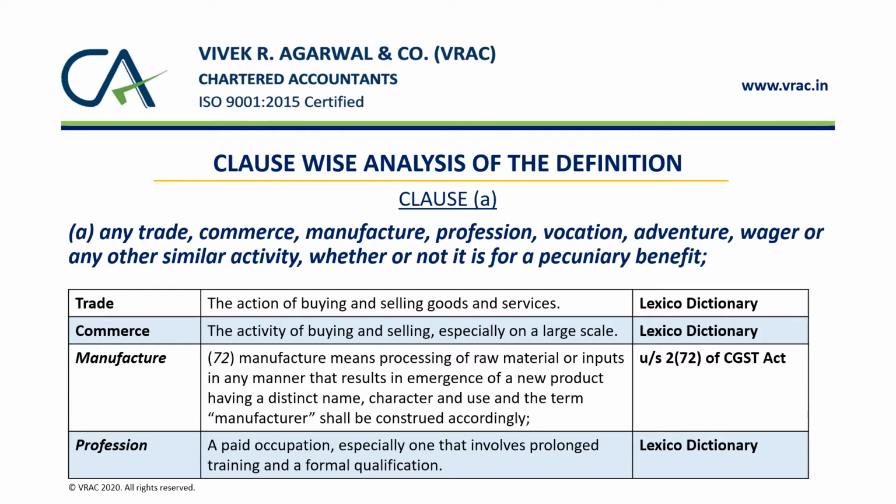Manufacture is defined under Section 2 subsection 72 as: manufacture means processing of raw material or inputs in any manner, that results in emergence of a new product having a distinct name, character and use, and the term manufacturer shall be construed accordingly. Profession means a paid occupation, especially one that involves prolonged training and a formal qualification, as per Lexico Dictionary.